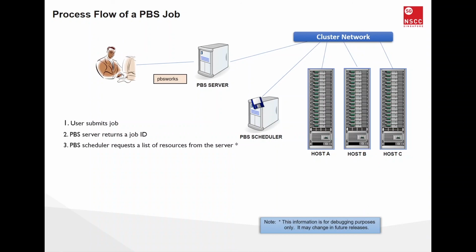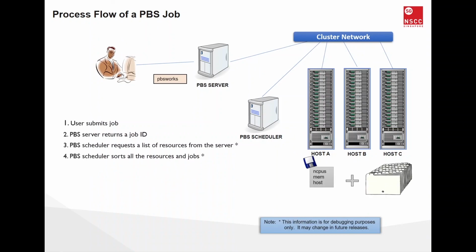Based on the requested resources through the job submission command or script, the PBS scheduler requests the resources from the PBS server. In the next step, the PBS scheduler sorts all the resources and jobs. Next, the PBS scheduler informs the PBS server of the resources that are available where the job can run.